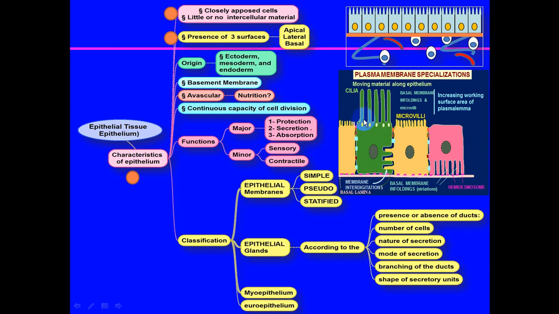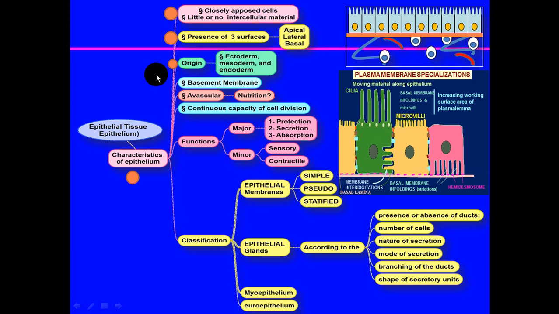Here you can see the cilia, here you have got the microvilli, and here you have got the basal enfoldings. All of these are projections which we are going to study in more detail. Don't worry about that. Let us concentrate on the origin.